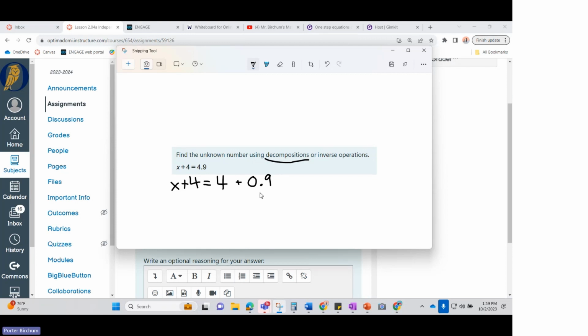Right? 4.9 is the same as 4 plus 0.9. So I think maybe this number right here is 0.9.